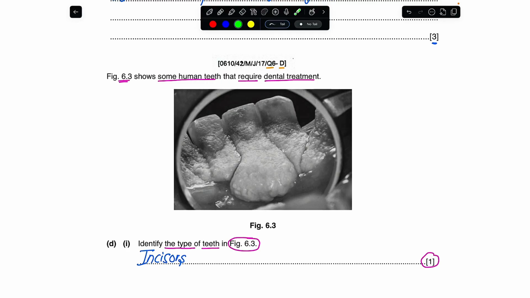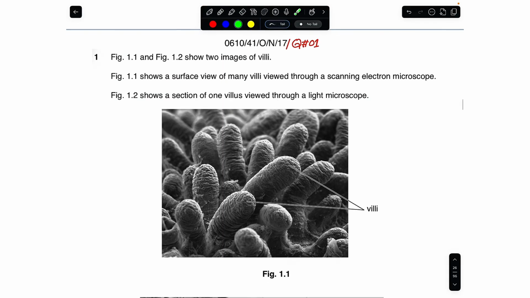Moving onward, here we have the question from October November 2017, the theory paper variant 4-1, question number 1 of the exam, and this is from your elaboration of the structure of the villi.